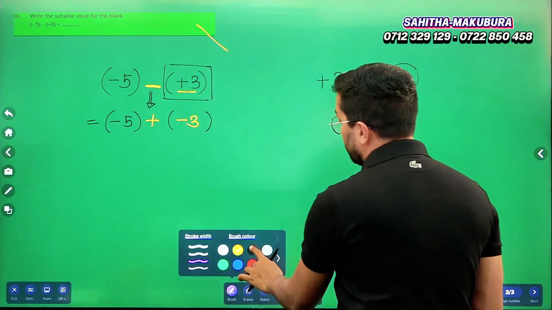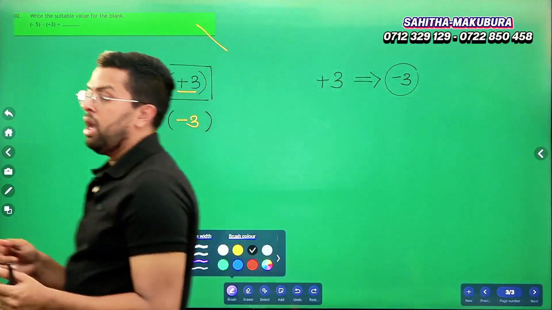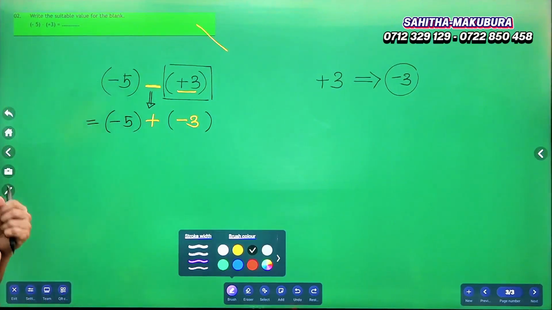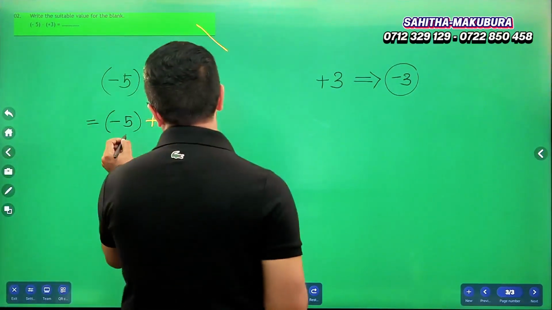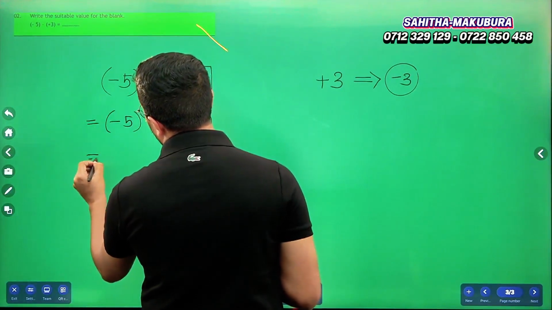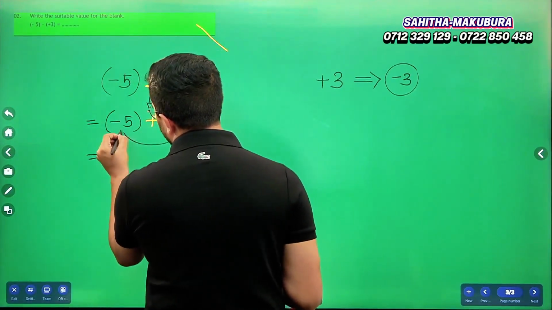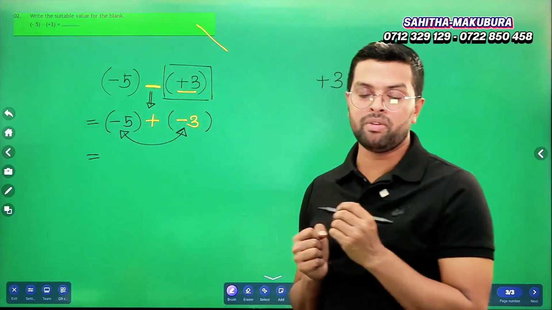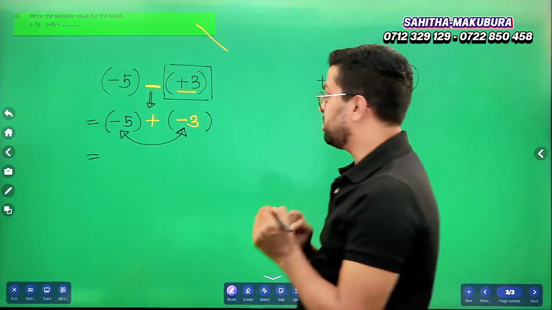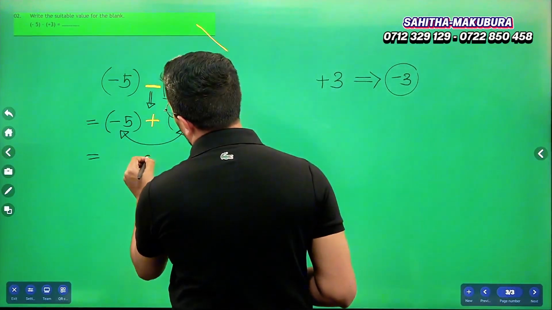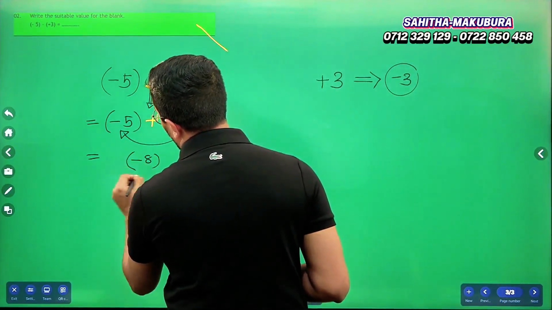Now the question has become addition of two directed numbers: negative 5 plus negative 3. Once you add these two negative numbers together, can you remember what the answer is? The answer is negative 8.